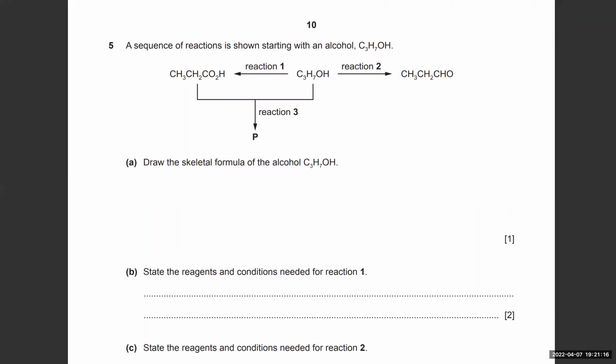This molecule over here is definitely going to be propan-1-ol. The OH is going to be right at the end. The way we figured that out is, it's turning into an aldehyde. The aldehyde is right at the end, so that means the OH would be right at the end.